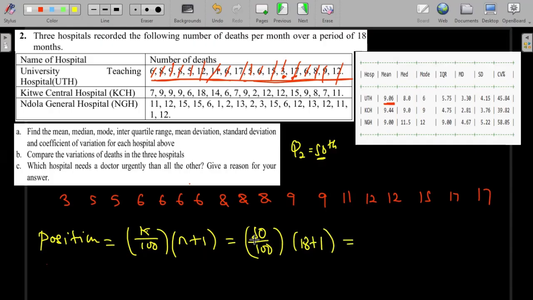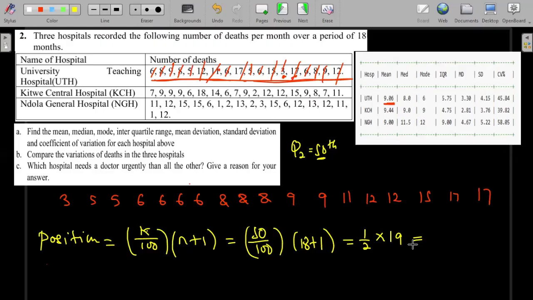So 50 divided by 100, that's like half. So half multiplied by 19. Okay, what am I going to get when I do half multiplied by 19? Okay, let me do that.